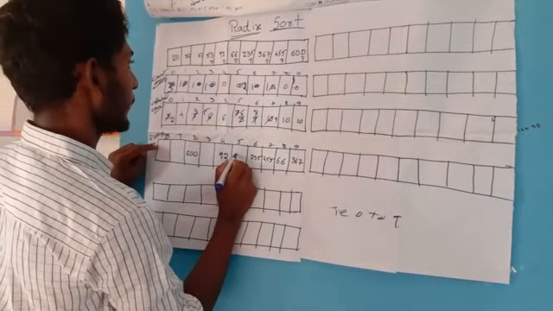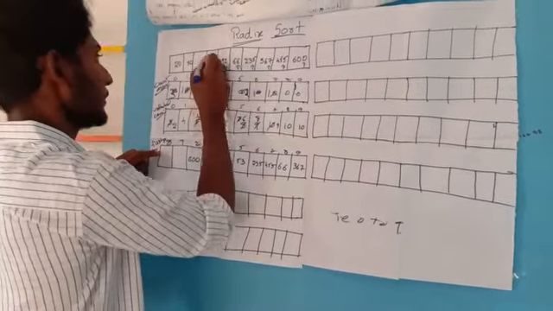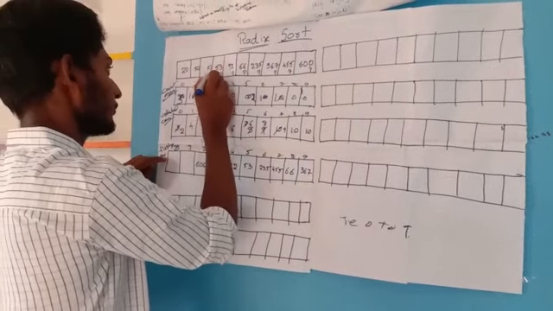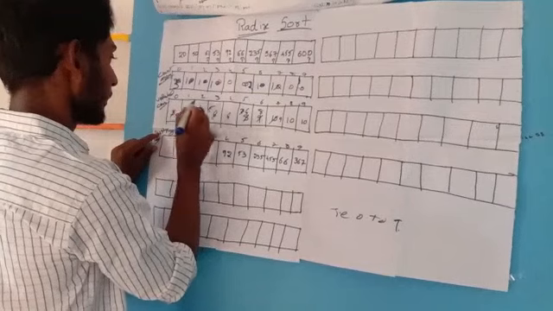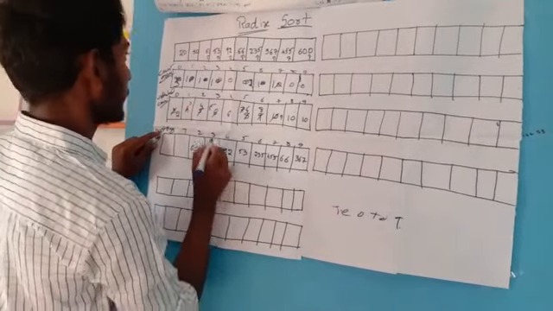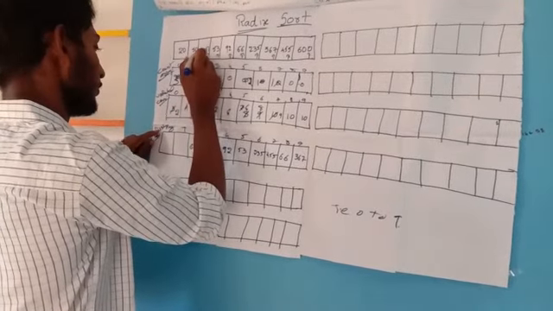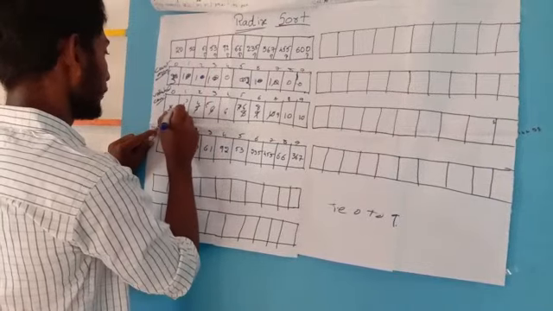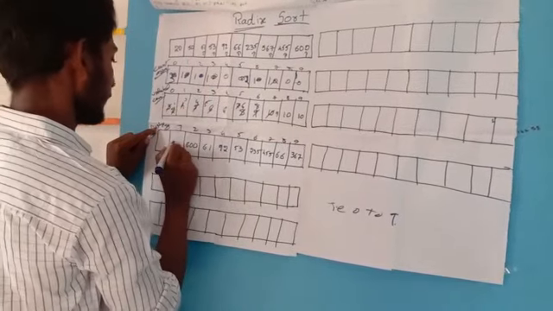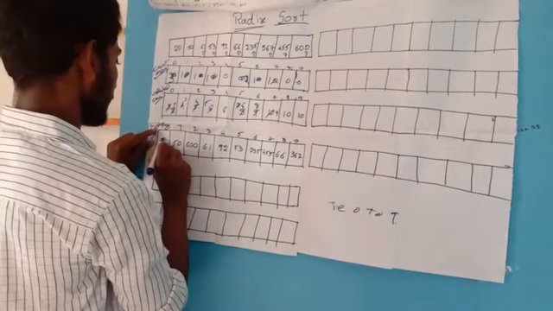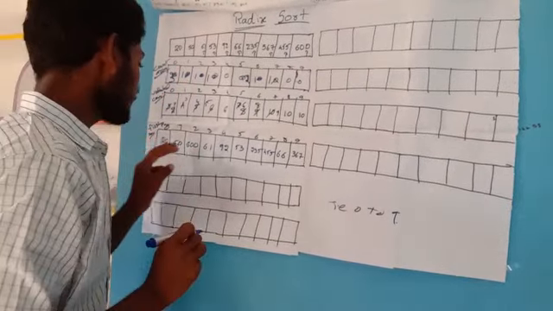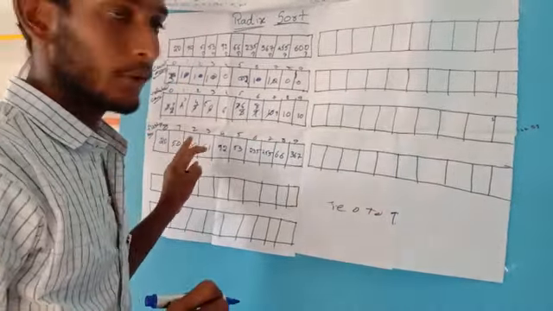We have to write 53 at the 5th place. Here 1. We decrease this, it becomes 3. At the 3rd place we have to write 61. Here 0. We decrease, at the 1st place we have to write 50. Here 0. Again decrease this. At the 0th place we have to write 20. This is the first place sorting.